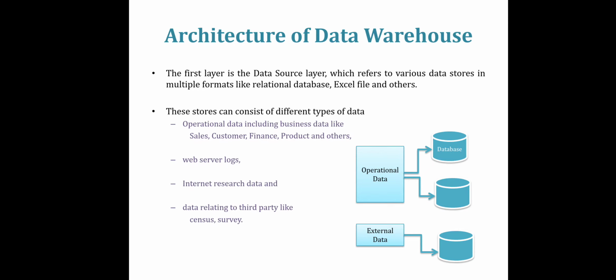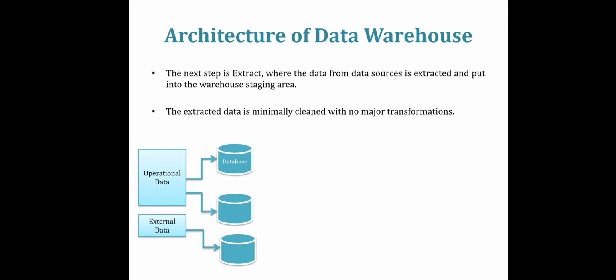Okay. Now moving toward the next step, we are going to extract the data from the data sources and put that data into the data warehouse staging area. The extracted data is minimally cleaned, with no major transformation. We are not going to apply much transformation, we are just cleaning the data so that we can store it in the warehouse staging area.